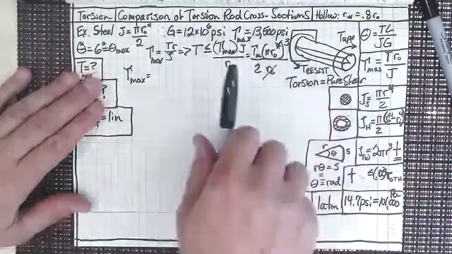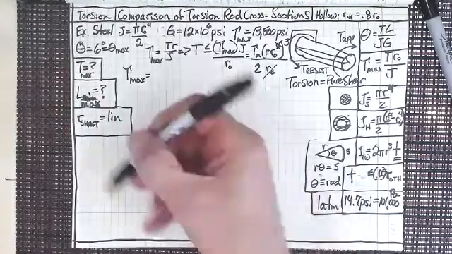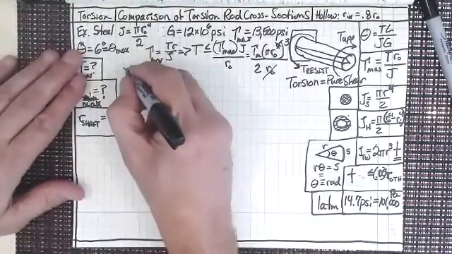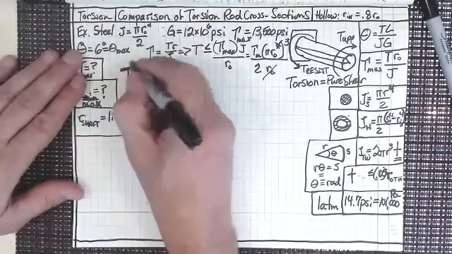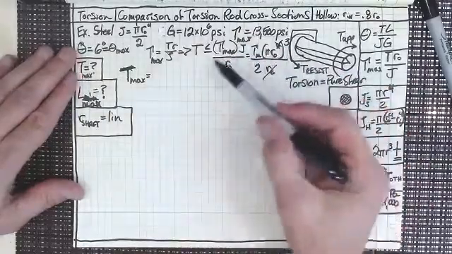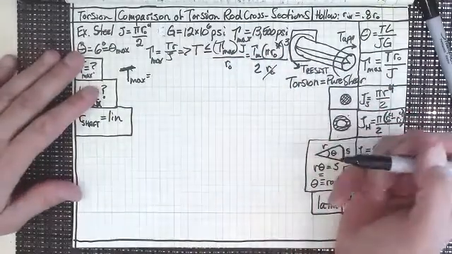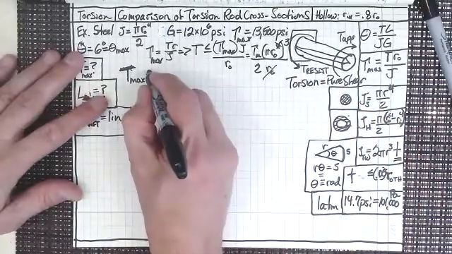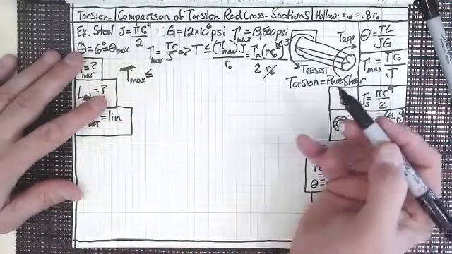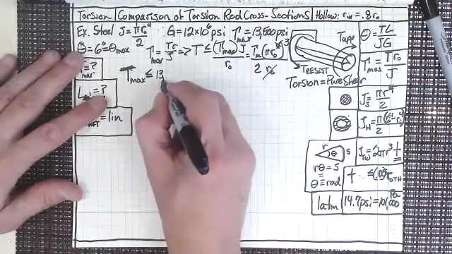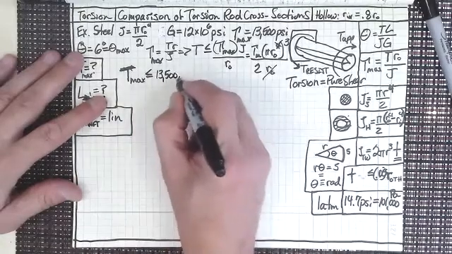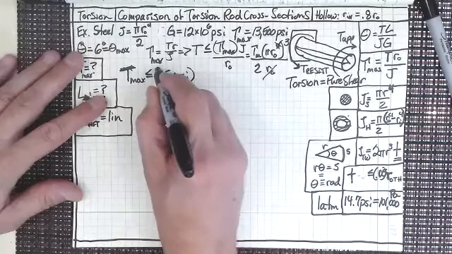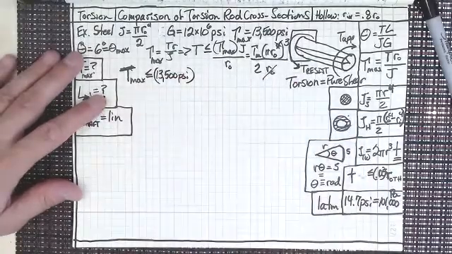T equals, oh, you know what? I'm sorry. T max, I did solve it there, has got to be less than or equal to 13,500 psi.